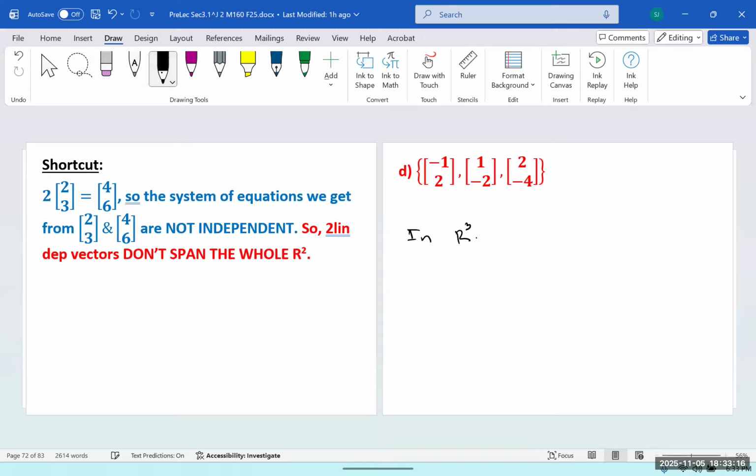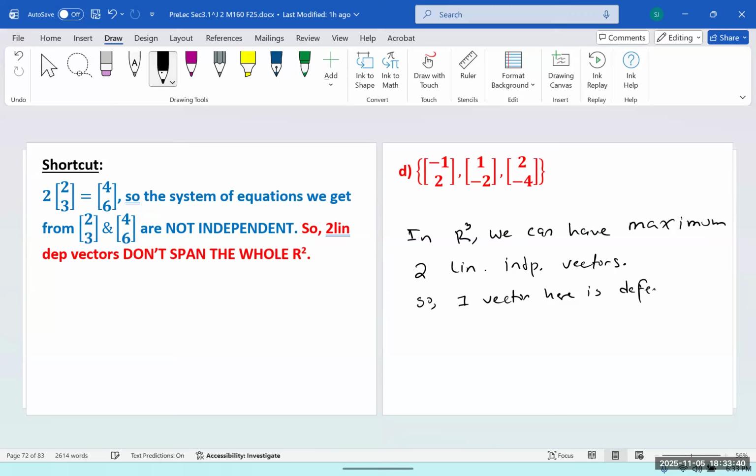In R2, we can have a maximum of 2 linearly independent vectors. So one vector here is definitely a linear combination of the others.